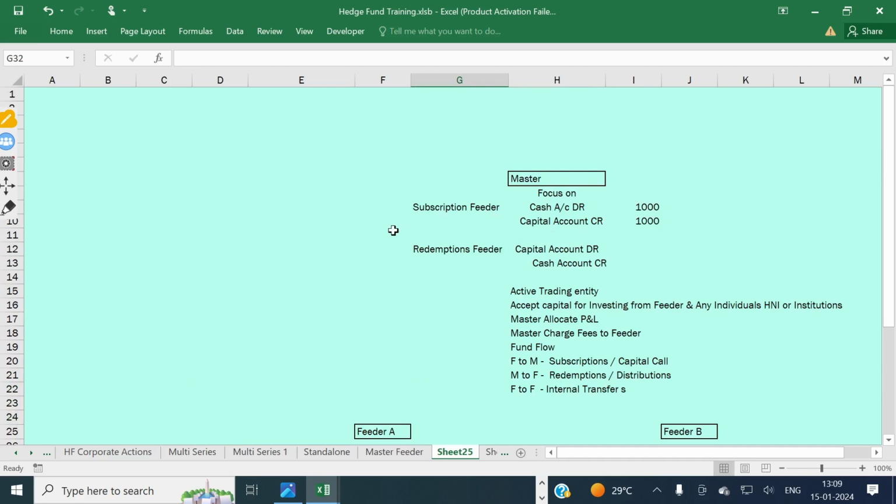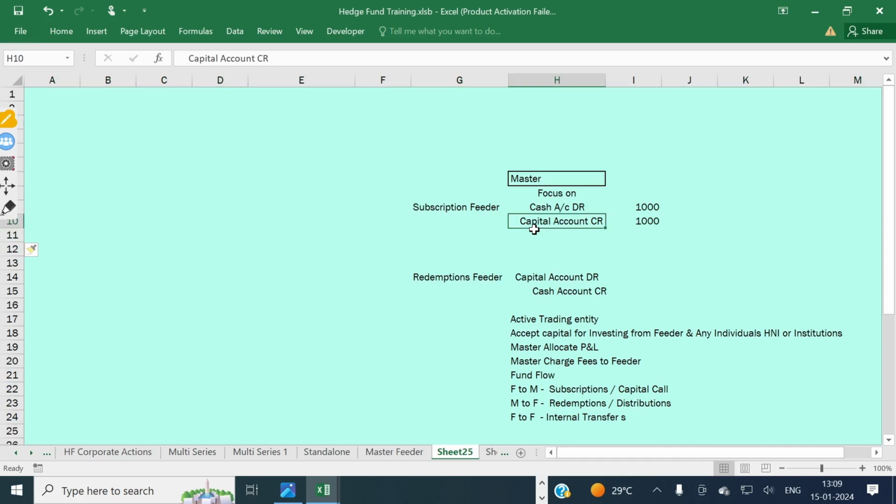Subscription received from feeder A and feeder B. So you might see a categorization as well. So capital, it means master can record under capital account, feeder A, feeder B. Total contribution maybe equally, or sometimes you would see change in this percentage as well.